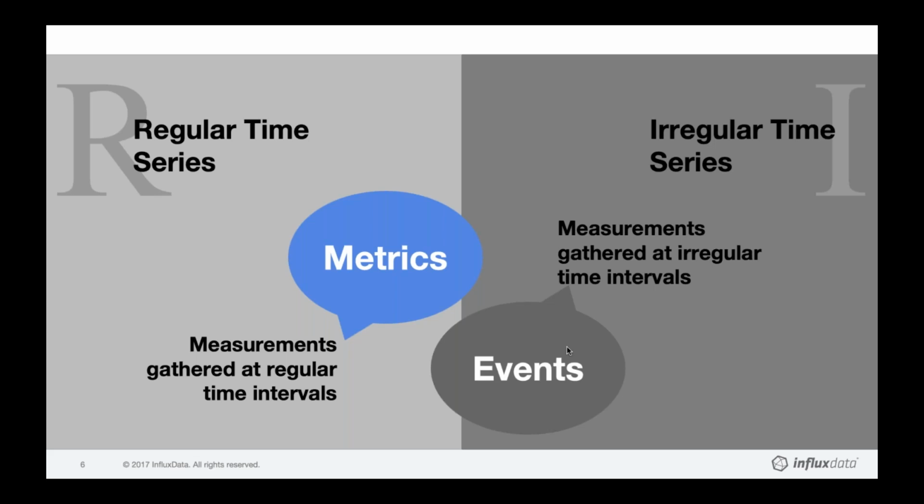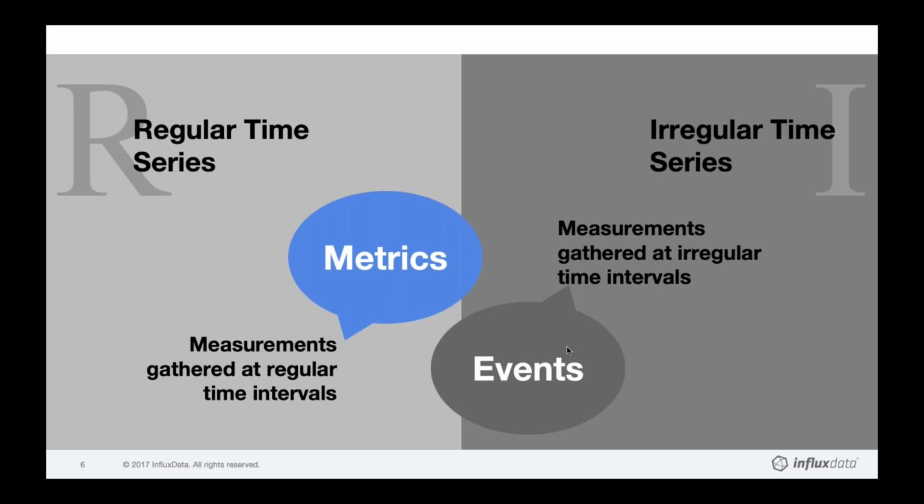Irregular time series are usually called event time series. And what is going on here is it could be anything. When we talk about events, we just think about bad events. Yeah, like something broke, some failure, some error rate that is starting to show up.